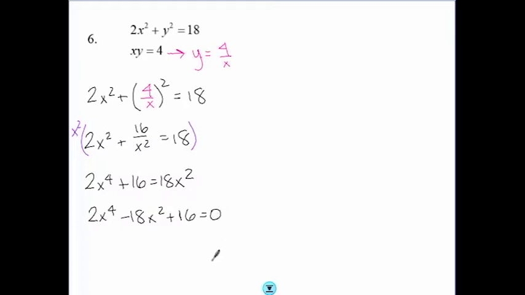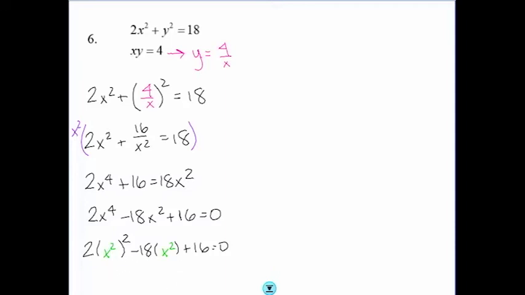Now, this looks different than other problems we've seen, but it's really just a quadratic in disguise, because x to the 4th is just x squared squared. So this is really just a quadratic, but instead of x being the variable, x squared is the variable.